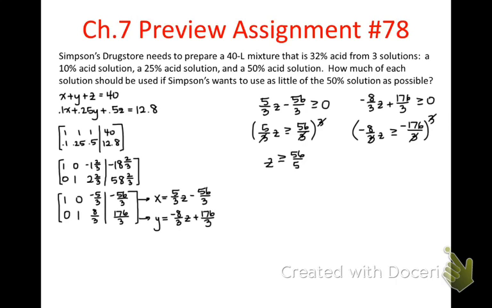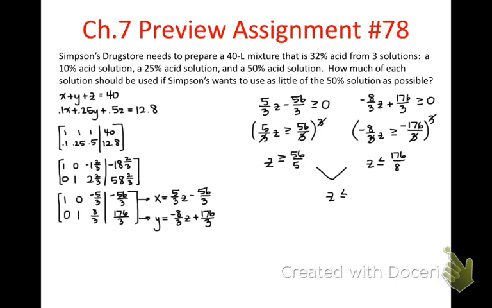And on the other side, careful, z is less than or equal to, because I'm dividing by -8, I have to switch my sign. And then the 2 negatives will cancel and I'll have 176/8.